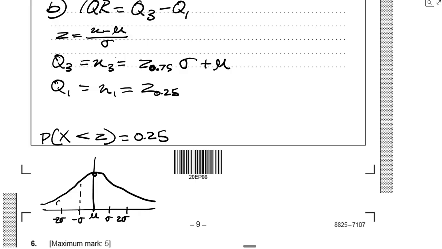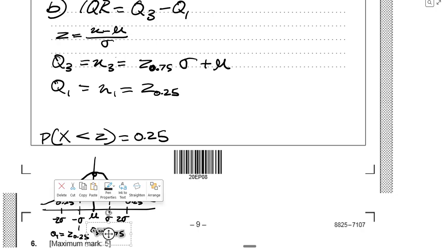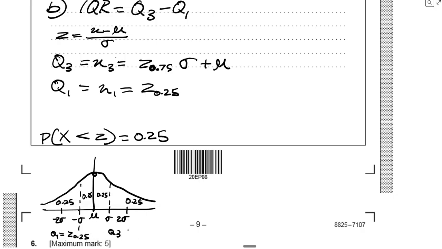And so everything below this is 0.25, this is 0.25, and this should be 0.25, 0.25. And so we call this z-score 0.75, this z-score 0.25. That's our Q1. This is our Q3, Q3 z 0.75.